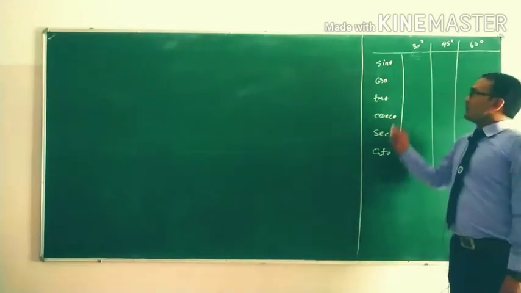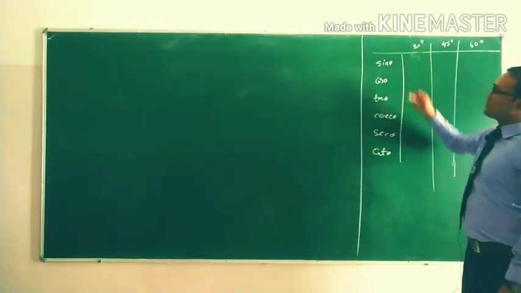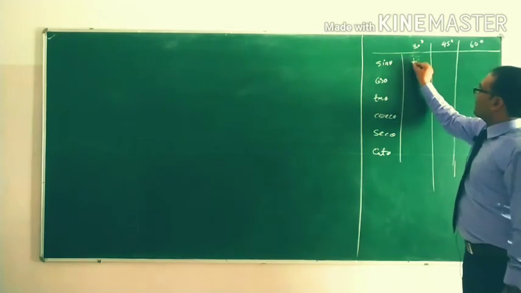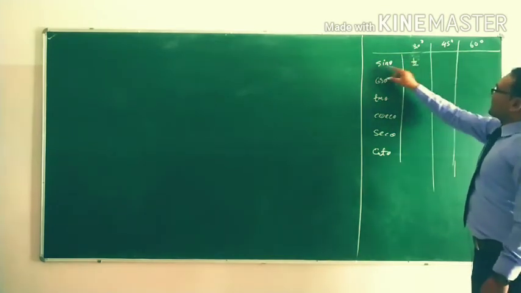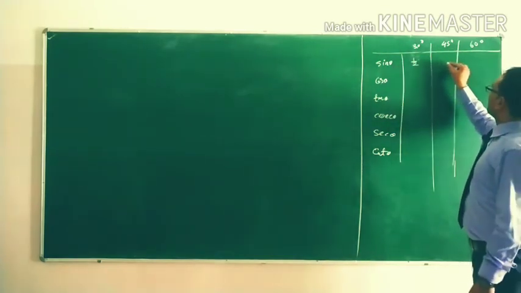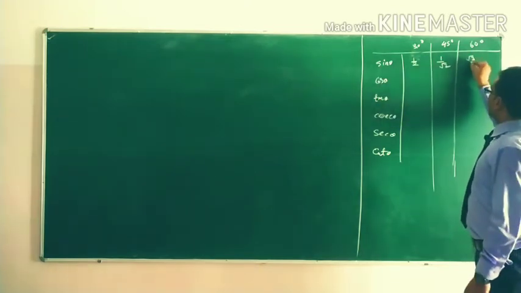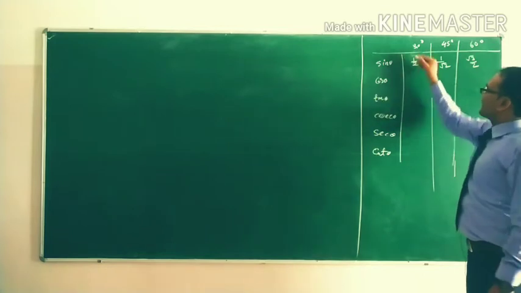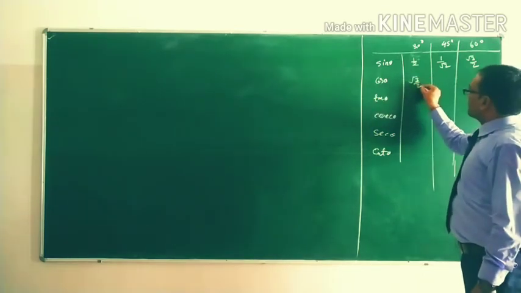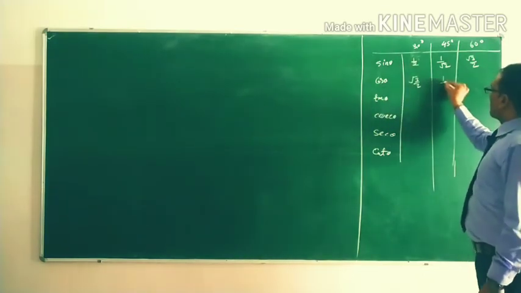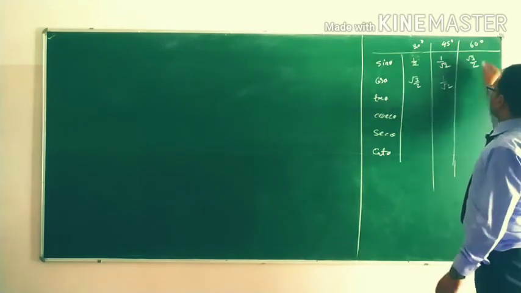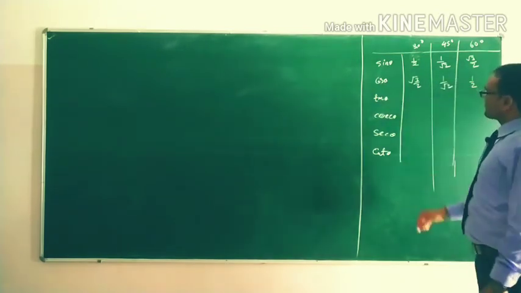What is the value of sine 30, students? 1 by 2. Okay. What is the value of sine 45? 1 upon root 2. What is the value of sine 60? Root 3 by 2. And cos 30? Root 3 by 2. And cos 45? 1 upon root 2. And cos 60? 1 upon 2.